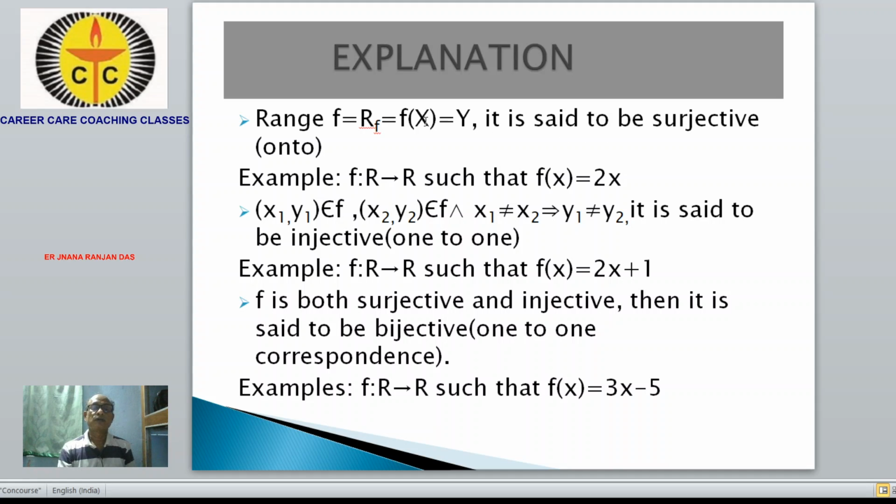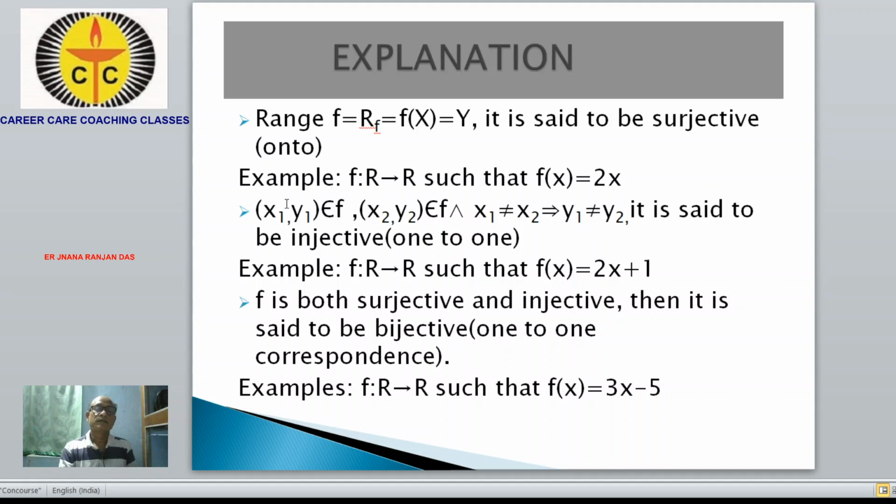That means the total elements of the range of f coincide with the elements of Y, so R_f equals the second set Y. Then this function is called a surjective or onto function. An example is a function from R to R defined by f(x) = 2x.